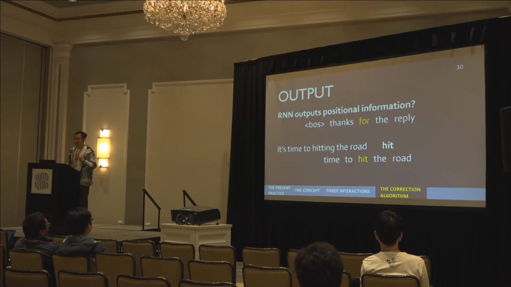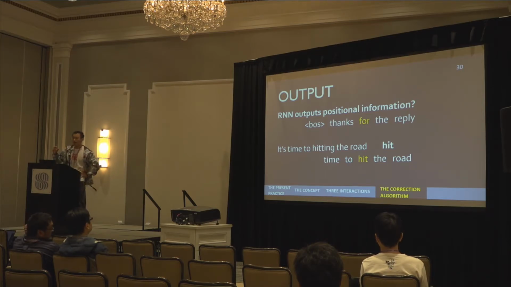I want to say a little about the output. We all know that RNN is good at outputting sequential information, but how do we make it output positional information? We did a little trick here. We limited the output to 5 words, fixed at 5. If it's not enough for 5, we use the begin of sentence or end of sentence mark to fill the positions.